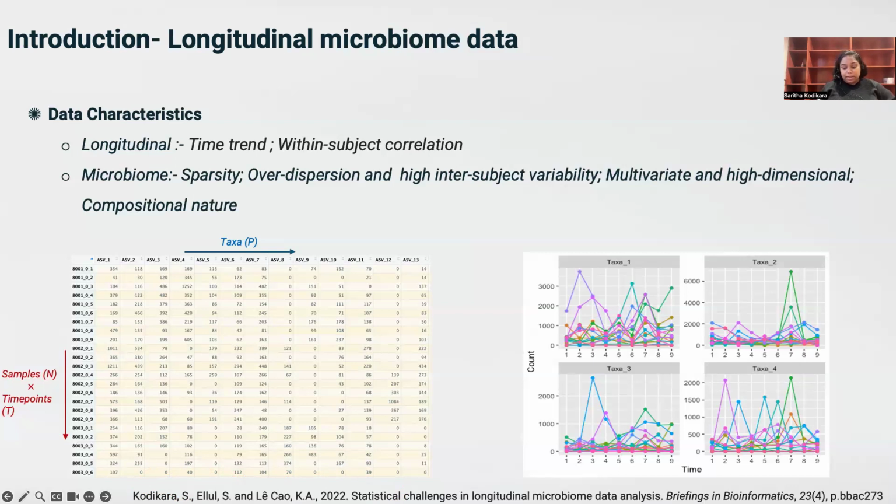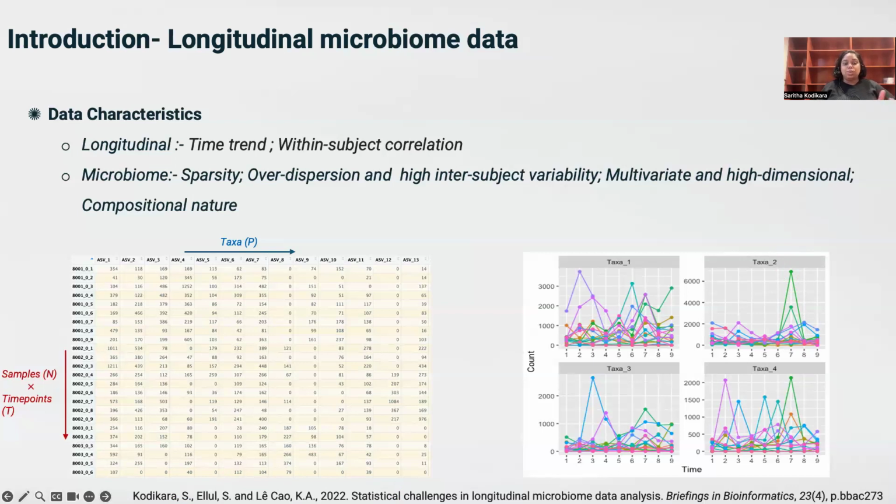And also in this figure, I have given a few examples of different taxa, and you can again see that some taxa have very low abundance, and for some time points, for a specific individual, there's a high count. So this is what I mean by high inter-subject variability. And across different taxa, you could see the patterns are a bit different.